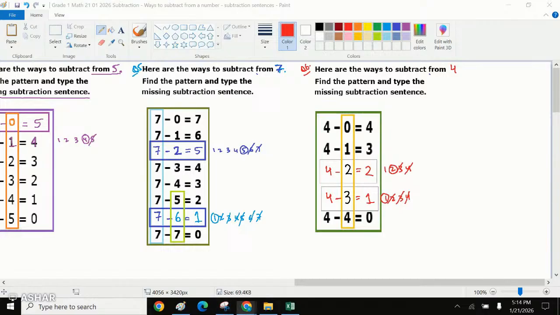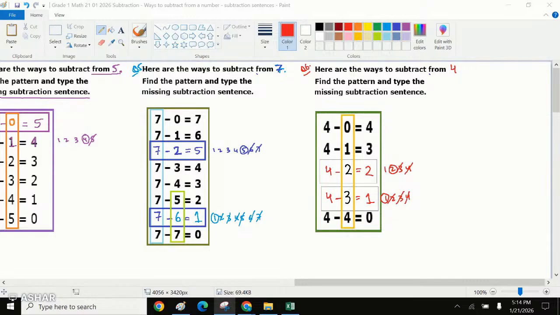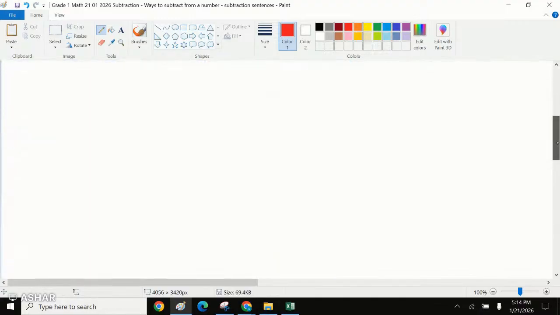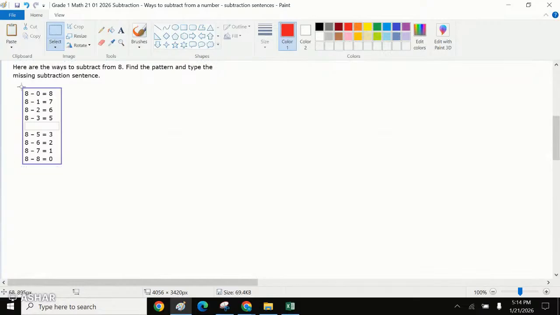Okay. In this case, let's do some ways to subtract 8. And question number 7 that we have, I'll just move down. Okay, the next question that we have is this.